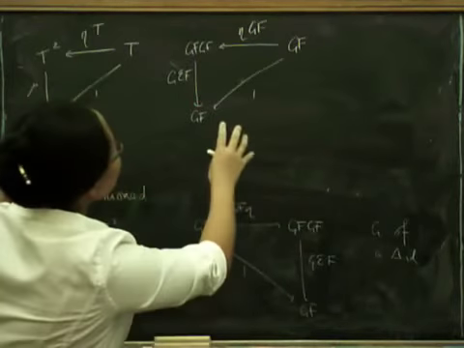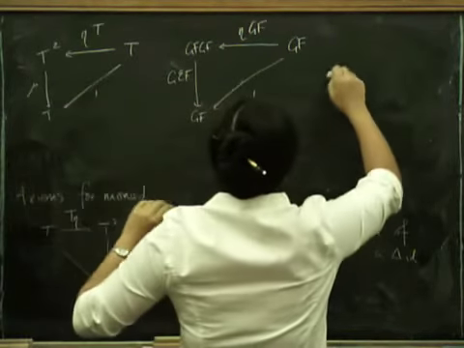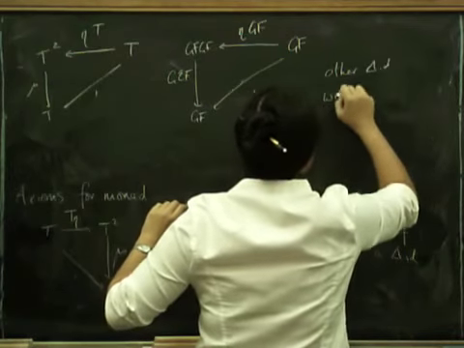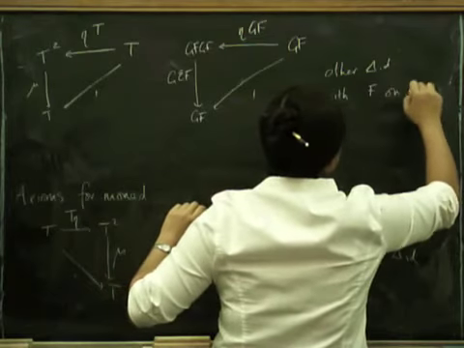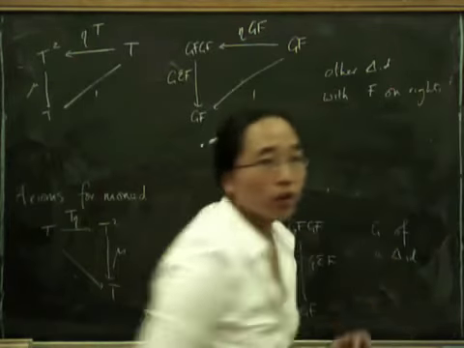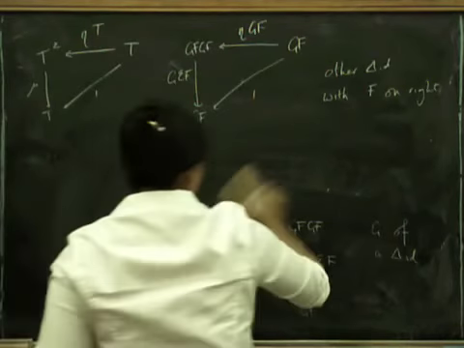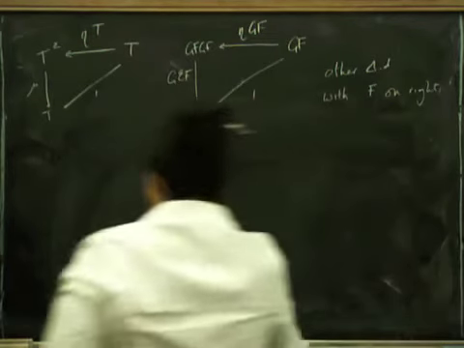So this is the other triangle identity with F on the right. Phew.